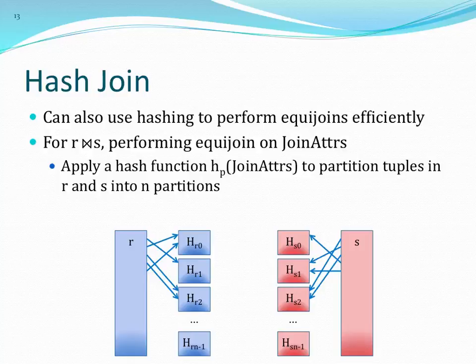Yeah, basically, HR0 will only join with tuples in HS0. HR1 will only join with tuples in HS1. So what we're doing is we're taking a large hash join problem and decomposing it into a whole bunch of small ones. Makes our life much easier.